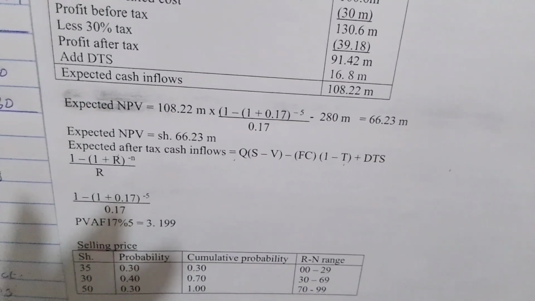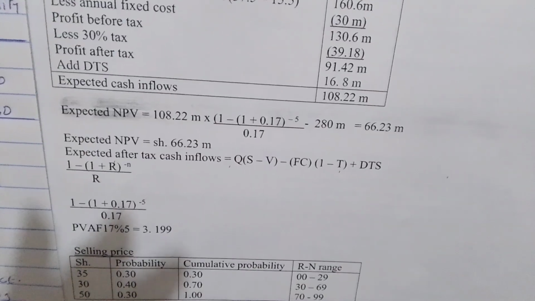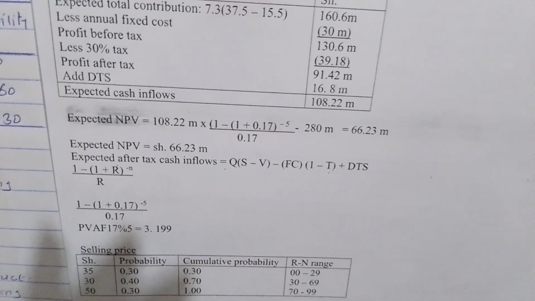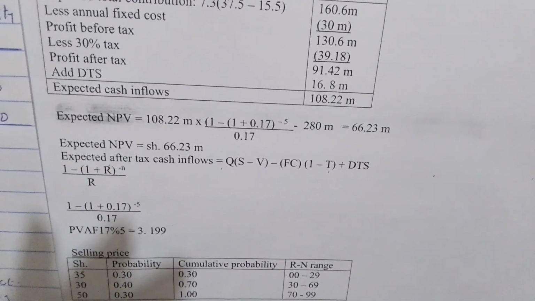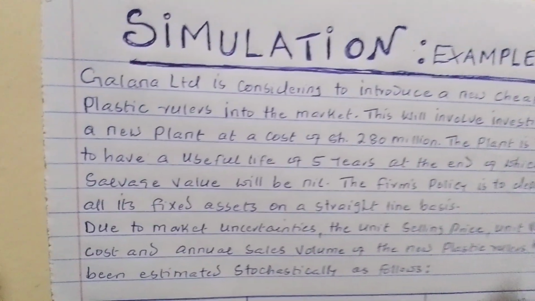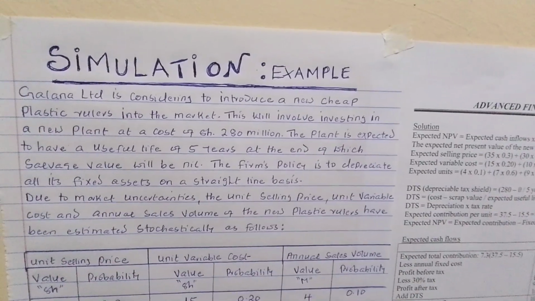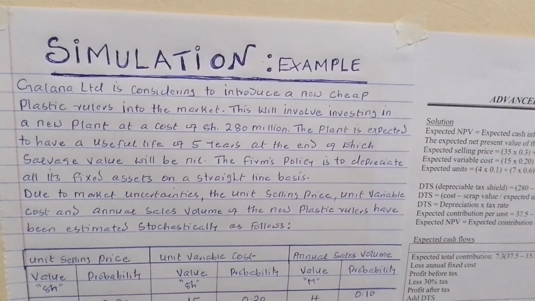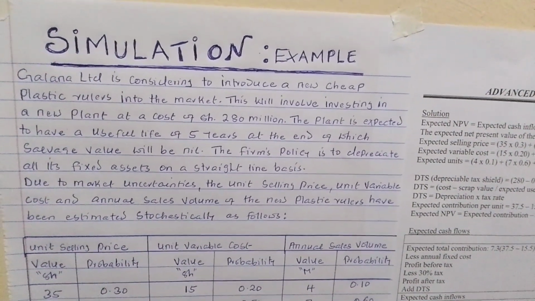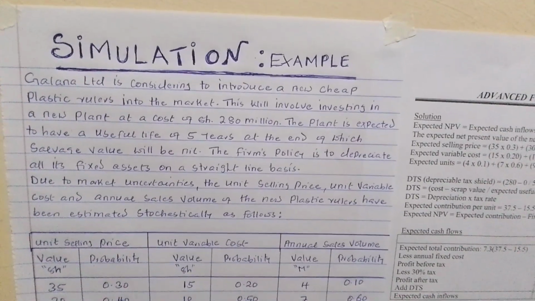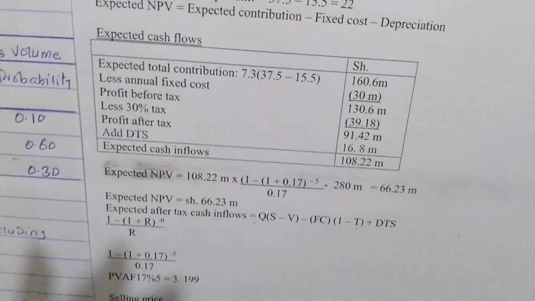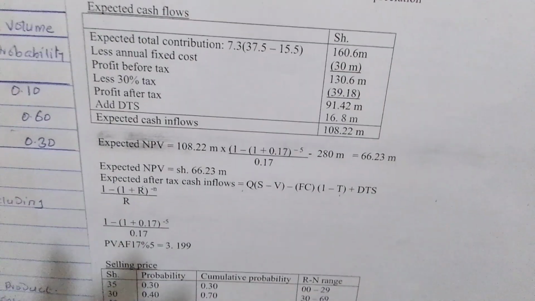That number which you get there, you multiply by 108.22. Then you minus the initial cost of 280 million, because we are told that was the initial capital outlay. You are told this will involve investing in a new plant at a cost of shillings 280 million. So that is the initial capital outlay. We less that 280 million.